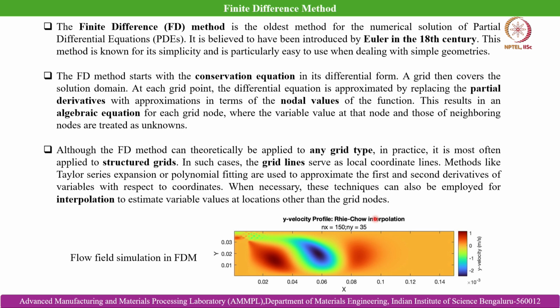The finite difference method starts with the conservation equations in their differential form, and then we generate a grid so that we can solve the partial differential equations, and convert them into a set of algebraic equations. There are a couple of different techniques of the finite difference method, like forward difference, backward difference, and central difference. These are different schemes.